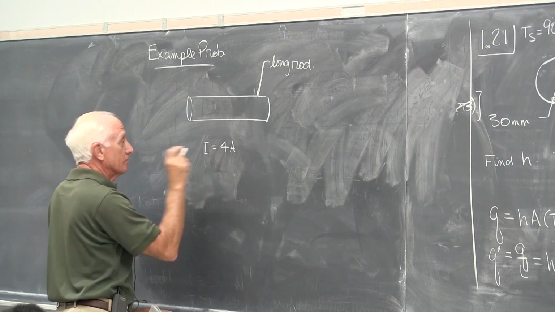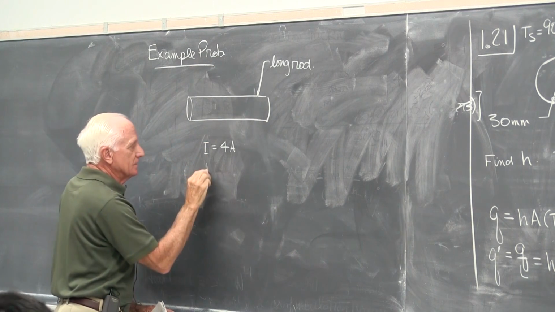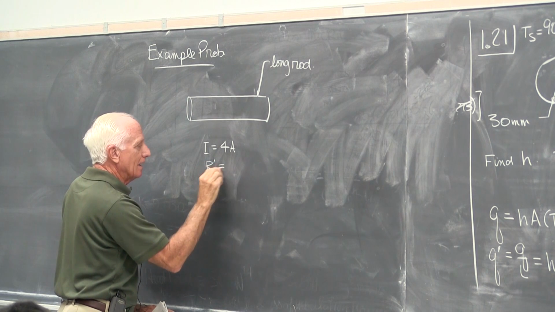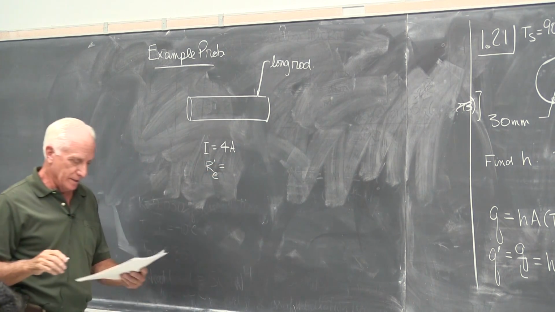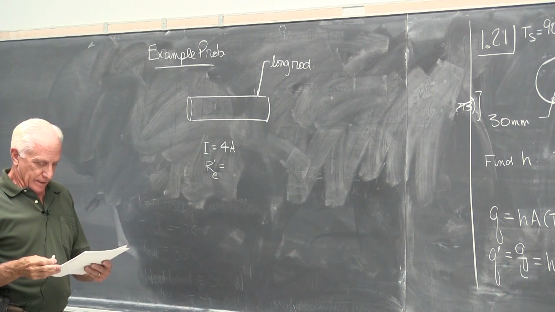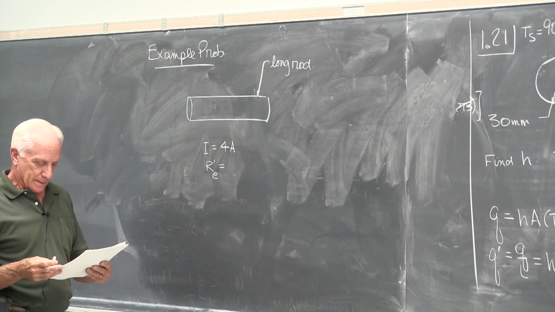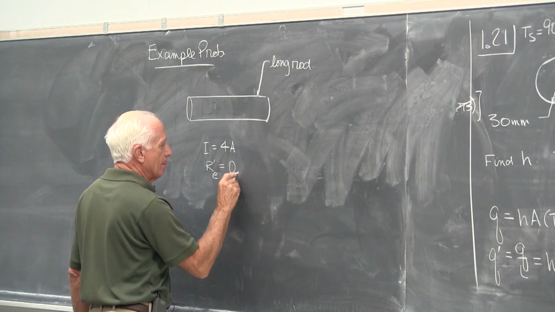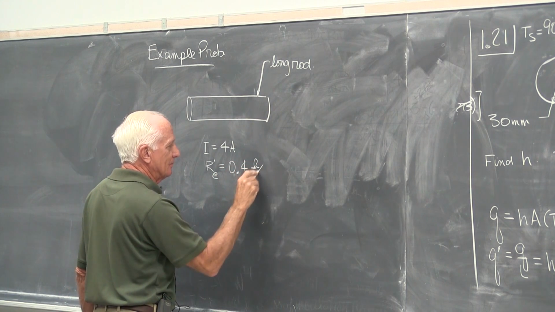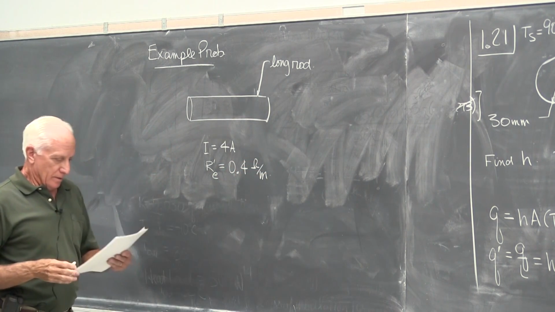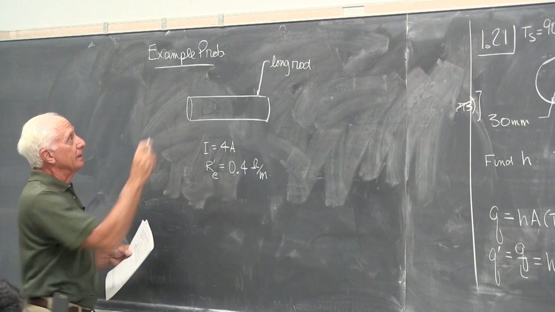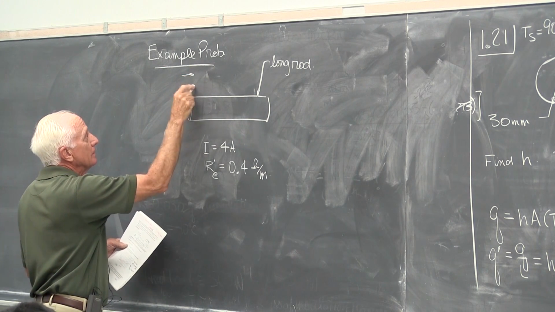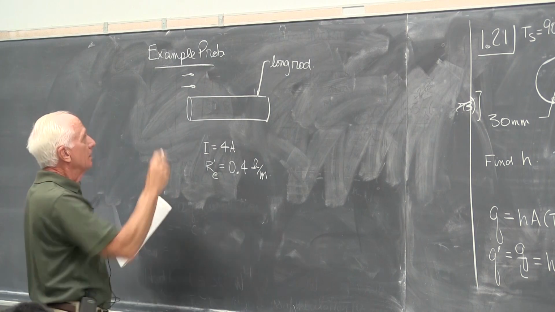The electrical resistance of the rod is given, 0.4 ohms per meter. Okay, it's in a location where there's airflow over it.